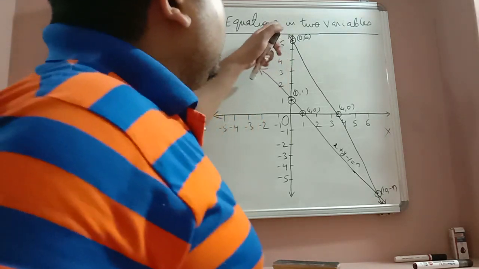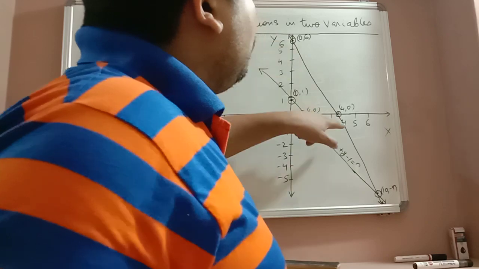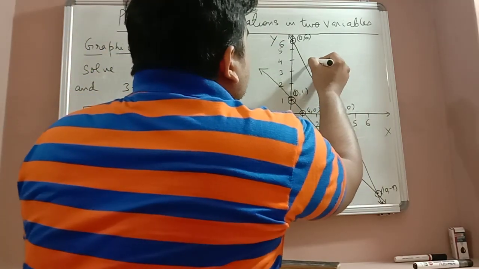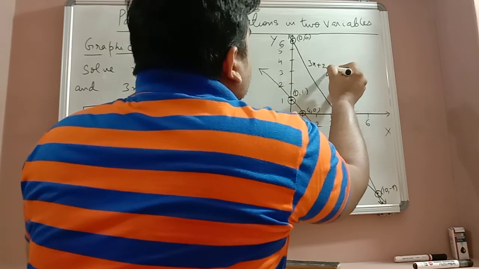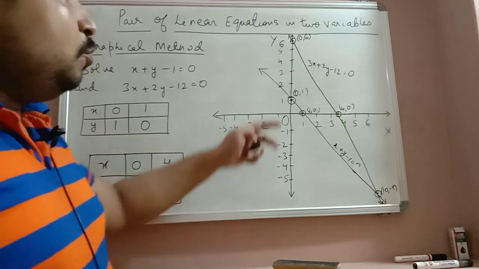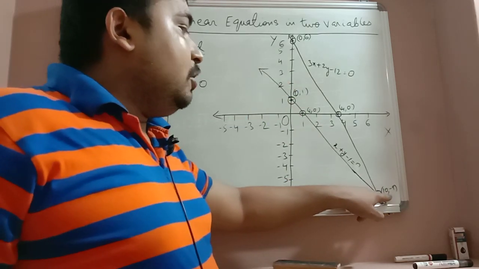Now we will draw the graph by joining (0, 6) and (4, 0). This is the graph of the equation 3x + 2y - 12 = 0. Now these two graphs will meet at a point which will be (10, -9).